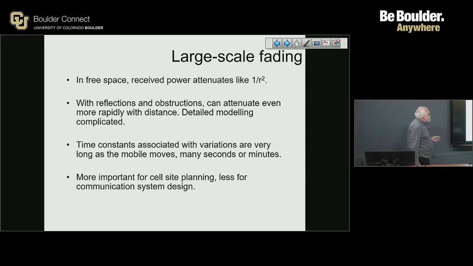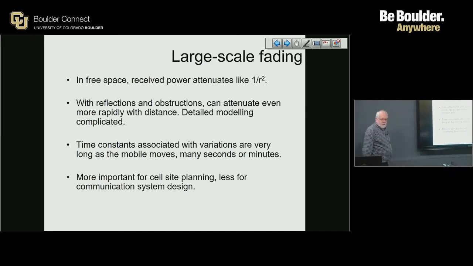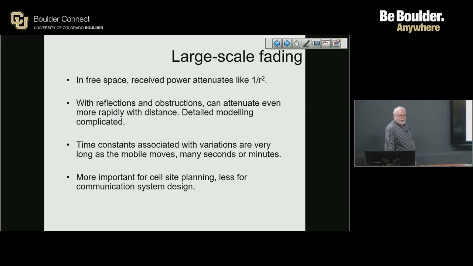This is something, especially in cellular systems, where there are companies like LCC that get paid a lot of money to do large-scale ray tracing. If you've ever worked around cellular or plan to work around cellular site planning, they do some very sophisticated modeling using ray tracing because it's big money, right?